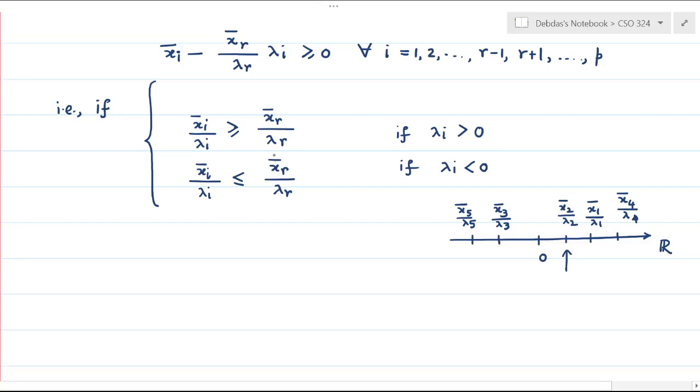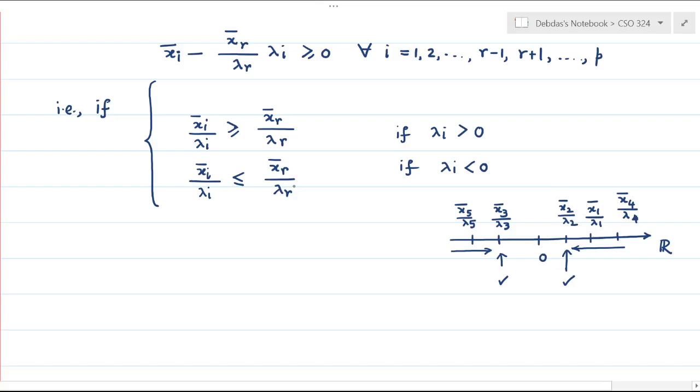And here this restriction is saying that x r bar divided by lambda r has to be bigger than all the negative quantities. Fine. So you choose x r bar by lambda r as either this quantity or this quantity. Then we notice that x r bar divided by lambda r is smaller than all the positive quantities, and it is also bigger than all the negative quantities, right? So you choose either this or this, then it will satisfy both the conditions.